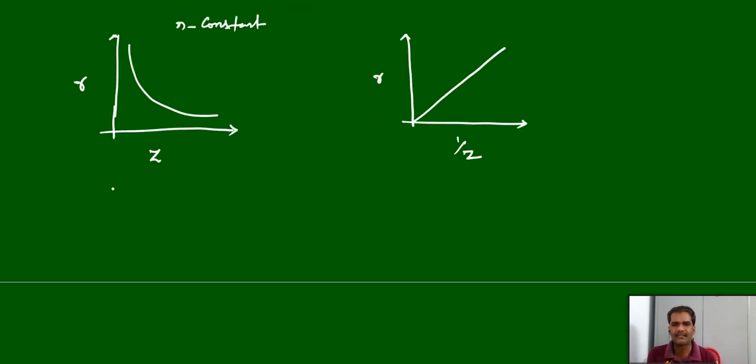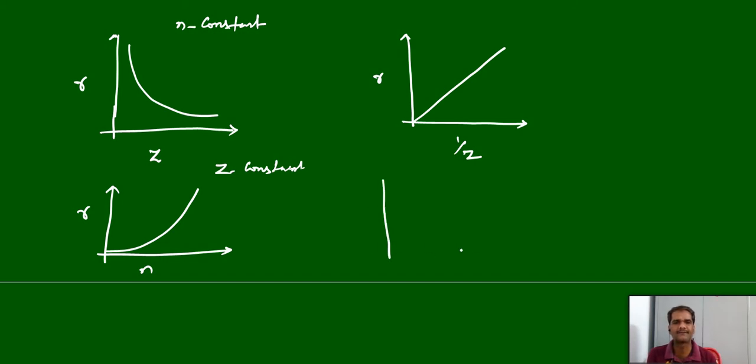For example, with respect to the shell, radius versus n value, you get a graph like this, where Z is constant in this case. This is for a particular atom, a constant atom.